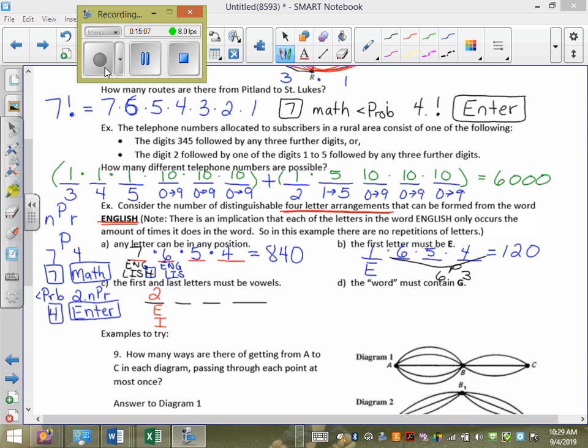You have to hold one there, because you can't replace that letter. So I'm going to pretend to keep the I. And then I have an E, which is 1. And then I have N, G, L, S, H. So I have 5. And then I pretend to keep the H, let's say. Then I have N, G, L, S, which is 4. And I multiply them and I get 40.